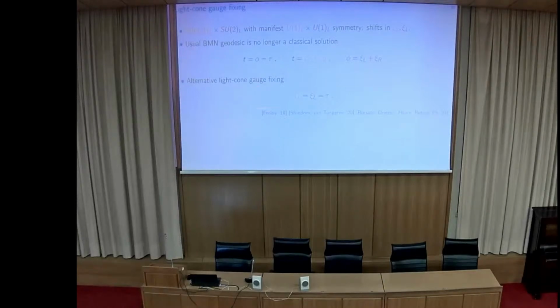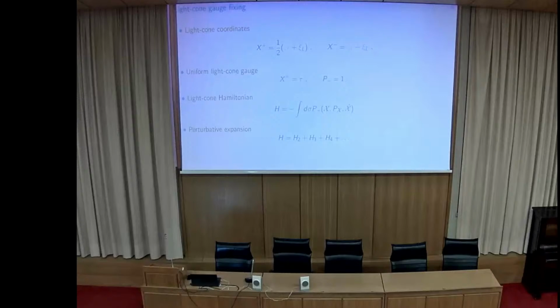And this is this alternative light-cone gauge fixing. Here the symmetries that are preserved are the ones that we didn't deform, so the U(1)s coming from the left copy. So this is just some technicalities about how the light-cone gauge fixing is done.